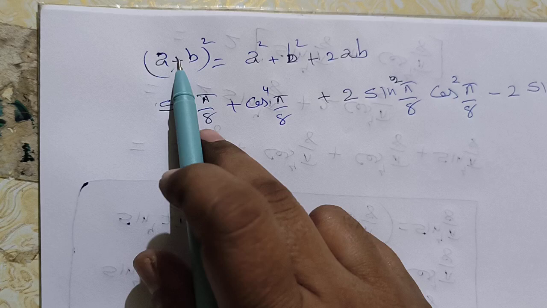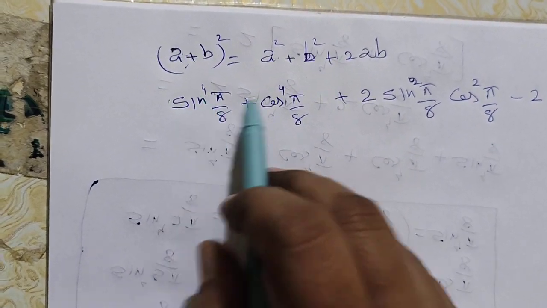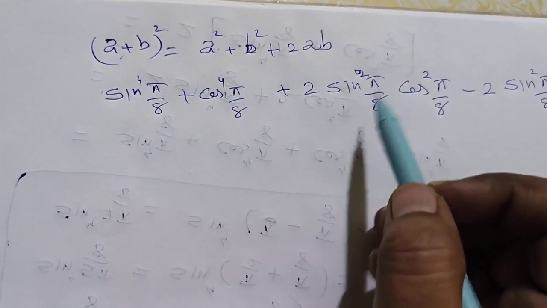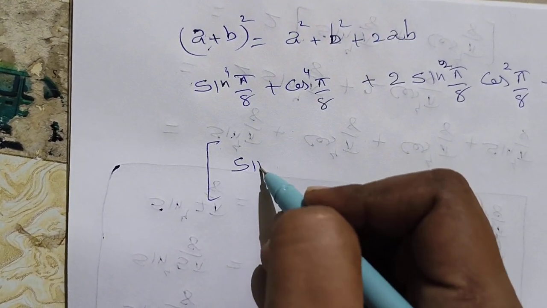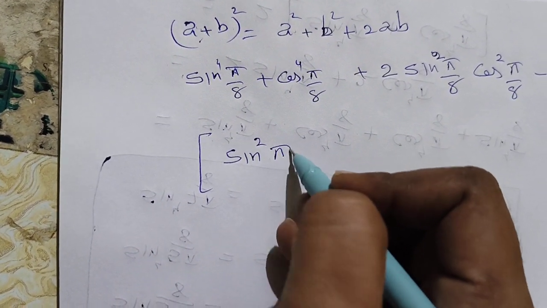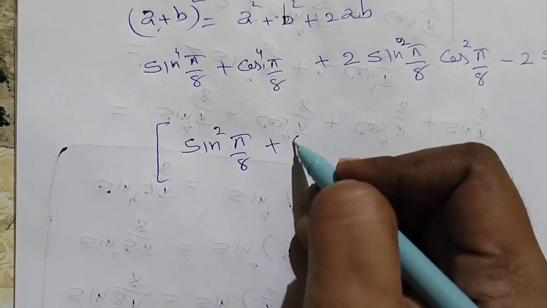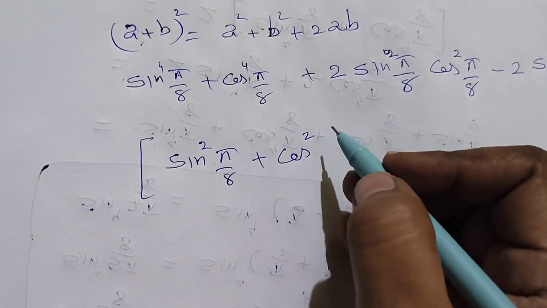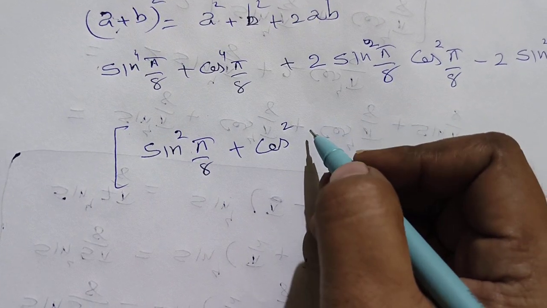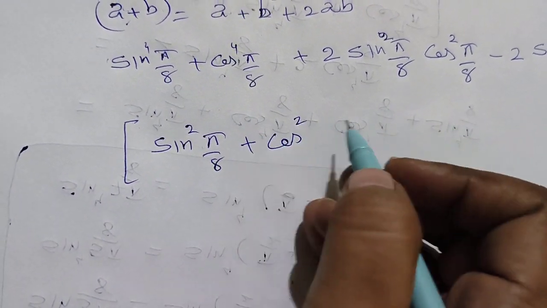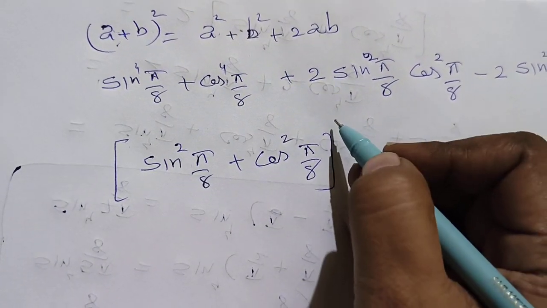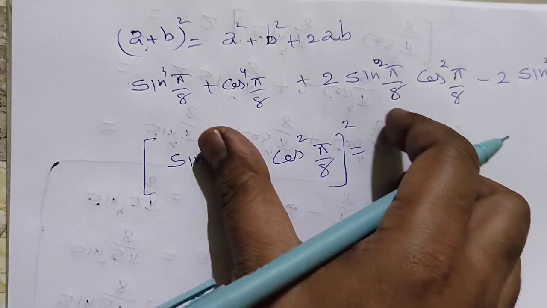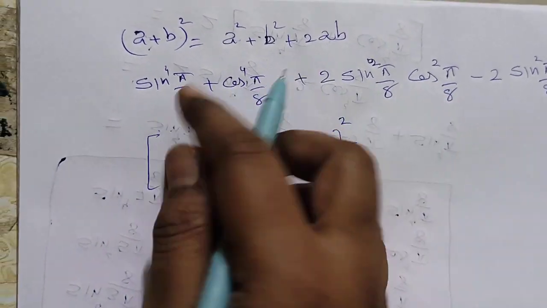Means here only a and b is there. Instead of a and b, here we will write sine square pi by 8 plus cos square pi by 8 whole square, it becomes this expansion.